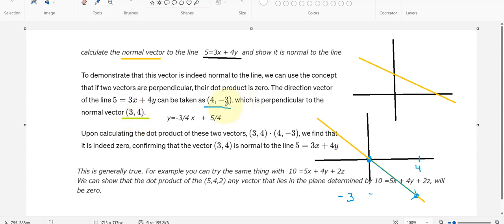This vector and the direction vector will be normal to each other, or perpendicular to each other, and the way we show that is just take their dot product, and it'll be 0.